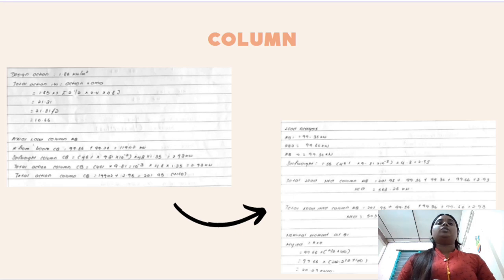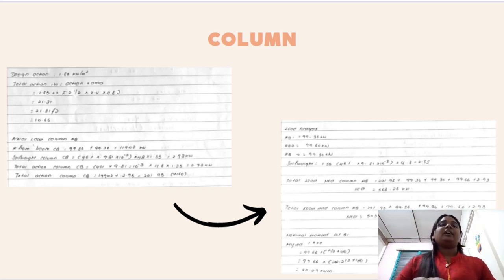Total action, column CB: 46.1 times 9.81 times 10 to the minus 3 times 4.8 times 1.35 equals 2.93 kN. The total action on column CB is 199.02 plus 2.93 equals 201.95.